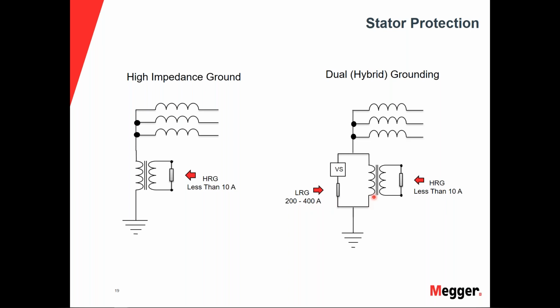But if the ground fault is too high based upon the ground differential scheme, then we can open this vacuum switch to allow this fault current path to go through our high resistance ground path, to keep this current level very low.